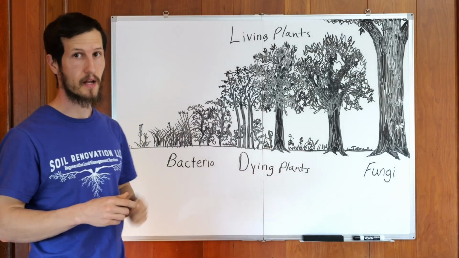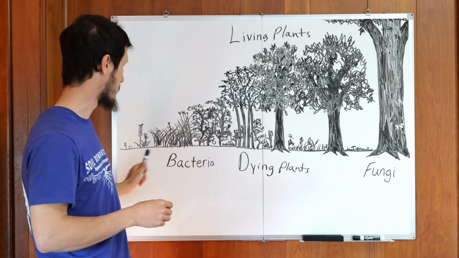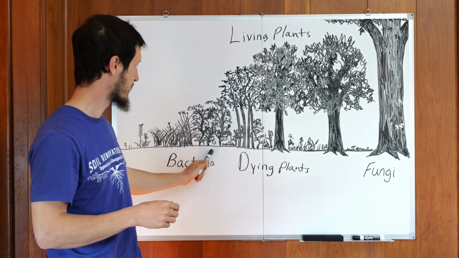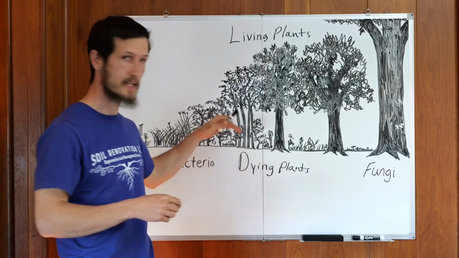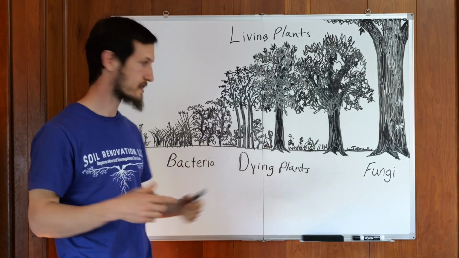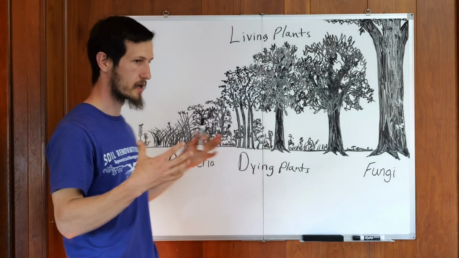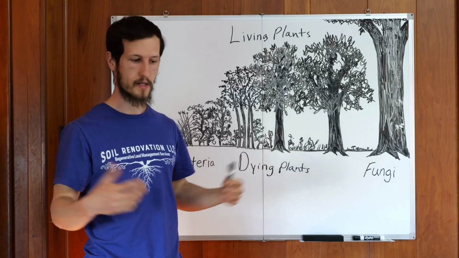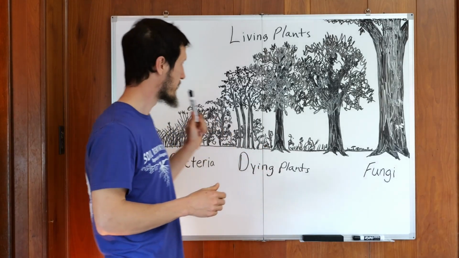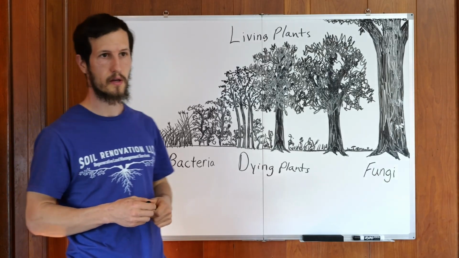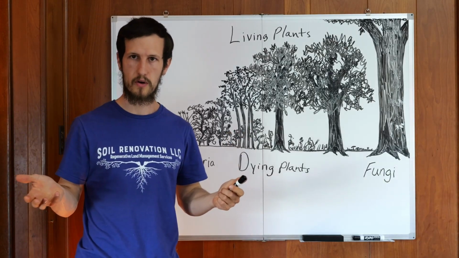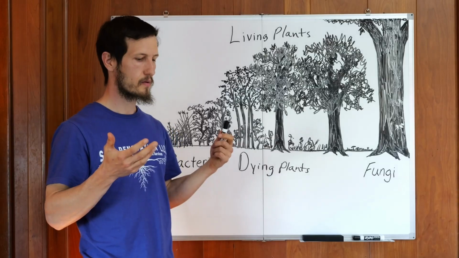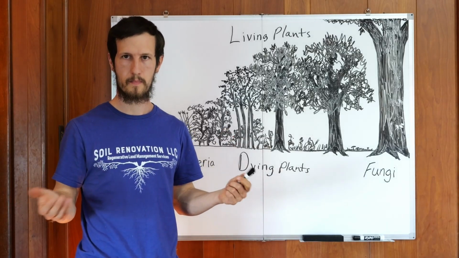And this happens again above and below ground. As we go up in ecological succession, we get deeper roots, we get more biomass, and we build up life in the system.